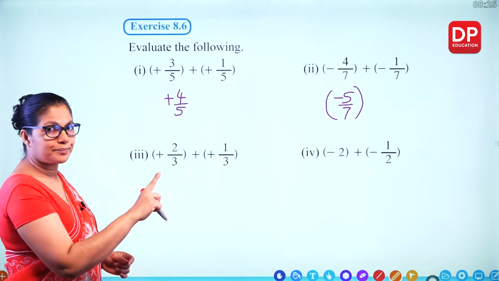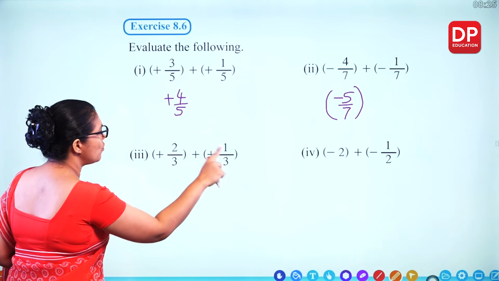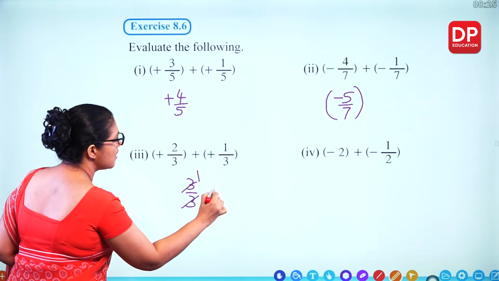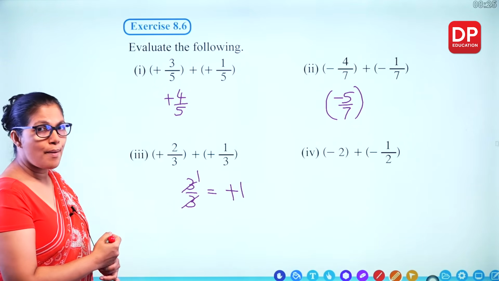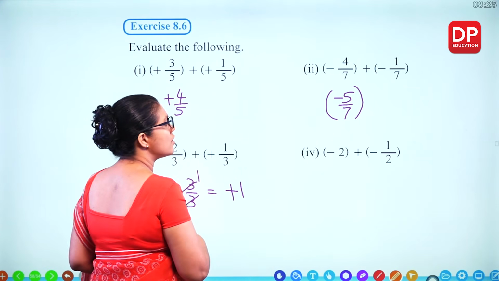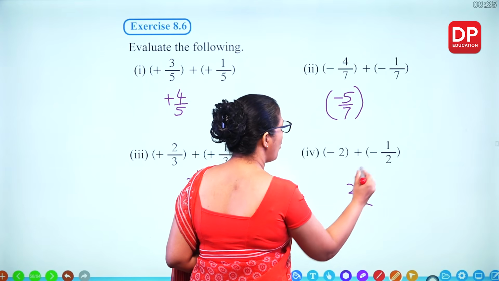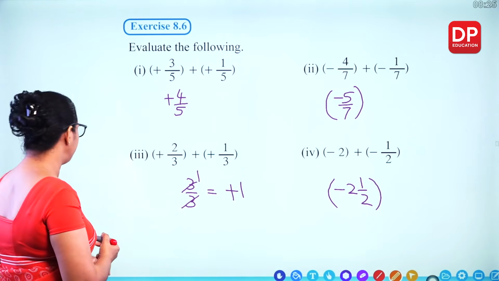Add the two values. 2 plus 1, 3. 3 over 3. You get 1. So both positive. The sign also positive. Addition. 2 and a half, 2 and a half. Both negative, so negative 2 and a half.